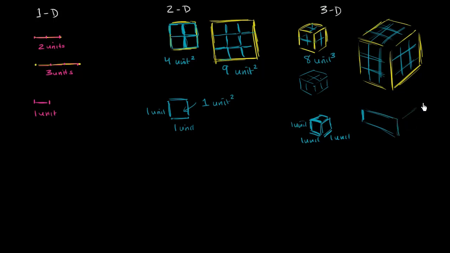My best attempt at drawing it. So if you took 3 of these and stacked them on top of each other, you would get this right over here. And each of these has 1, 2, 3, 4, 5, 6, 7, 8, 9 cubes in it. 9 times 3. You're going to have 27 cubic units in this one right over here.